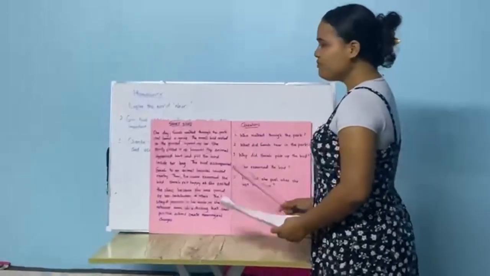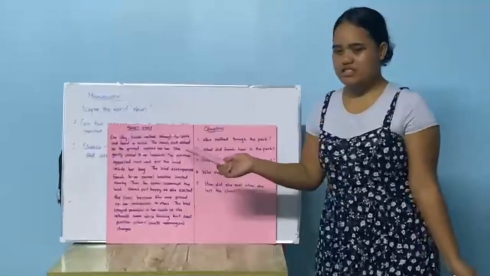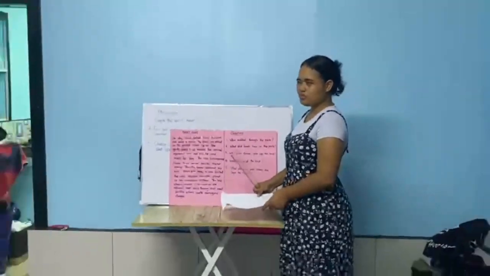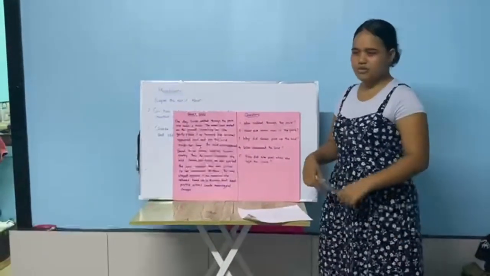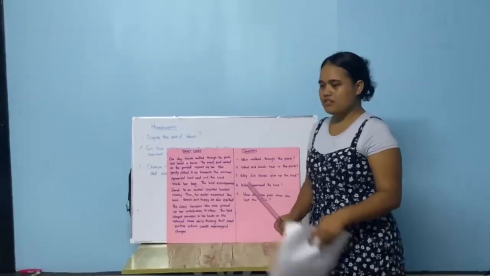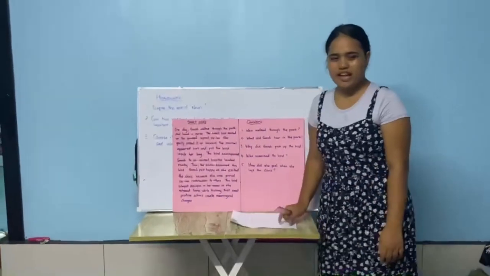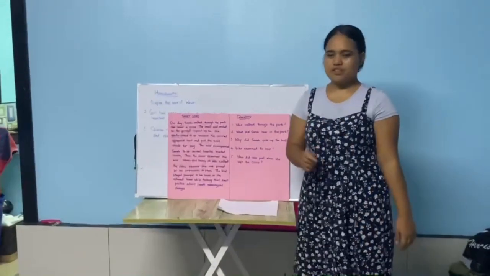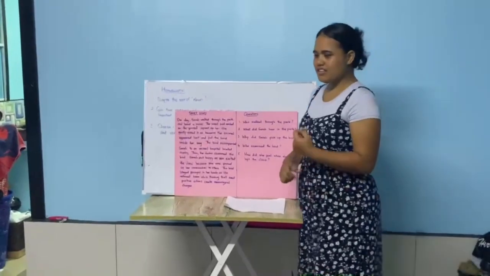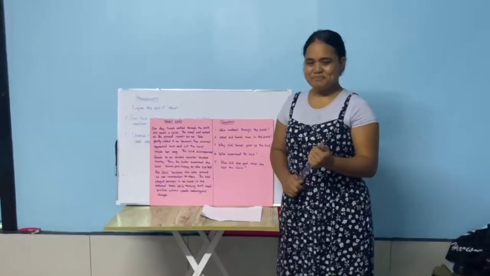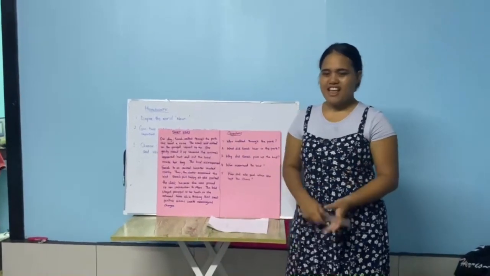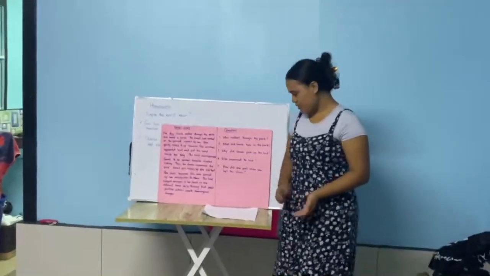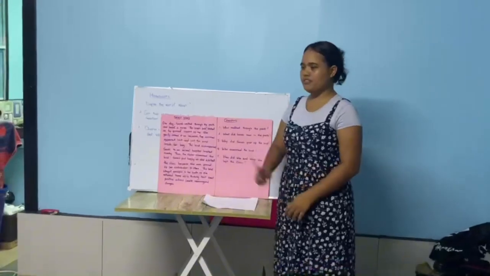So after we read this short story, you will be able to answer all the questions that I have to give you. I have 3 questions for each of you. I will divide you into 2 groups, and you will answer the question that I will give you.